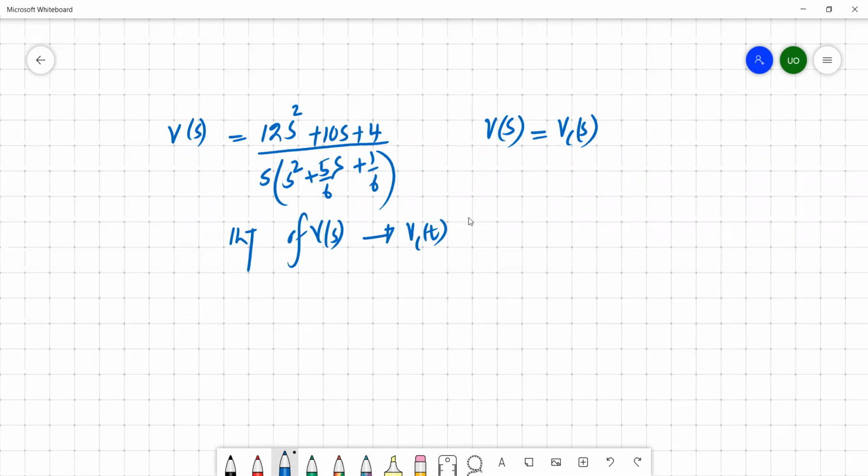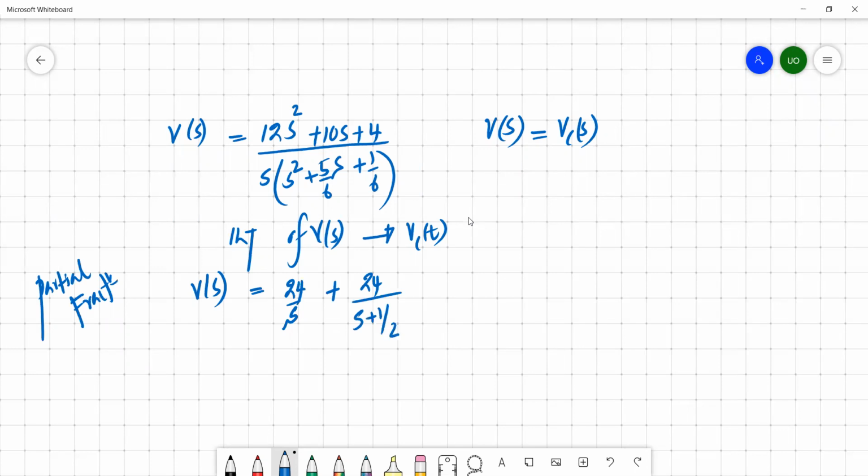So how do you get the inverse Laplace transform? First take the partial fraction. Once you apply partial fraction, it becomes like 24 over s plus 24 over s plus half minus 36 over s plus 1/3.